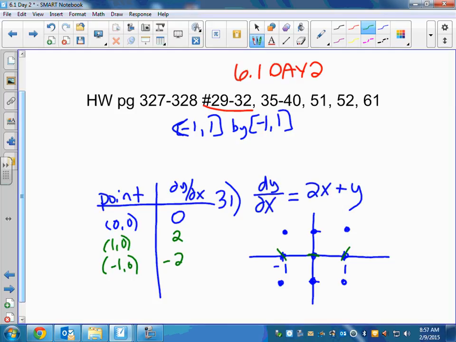Going up at the point 0, 1, that would just be a slope of 1. At the point 1, 1, that would be a slope of 3. It's going to be pretty steep, right? Like that.